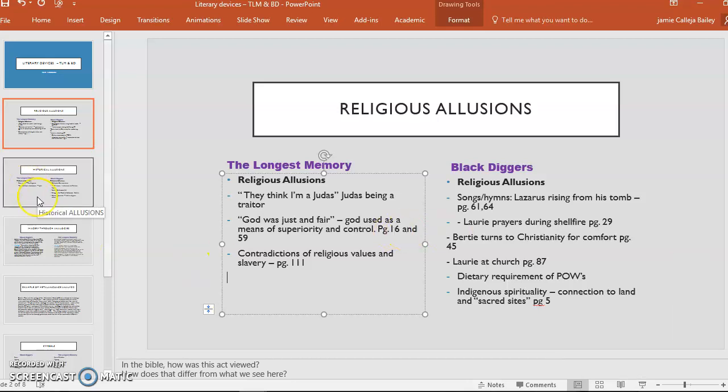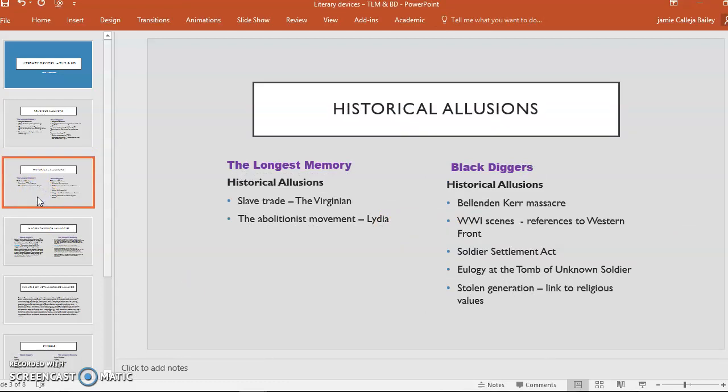So yeah, we have our religious allusions, but then we have our historical allusions, so references to history. The slave trade is obviously very clear in The Virginian, but we also have the abolitionist movement, and Lydia is definitely a symbol of that, or a motif for this movement.